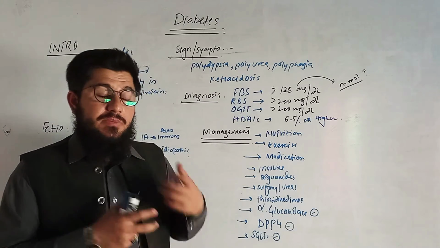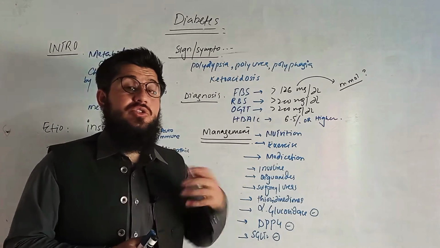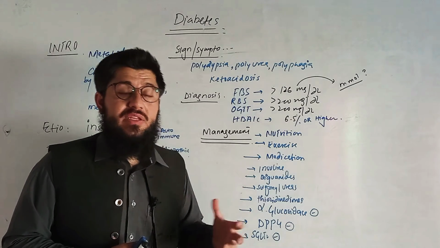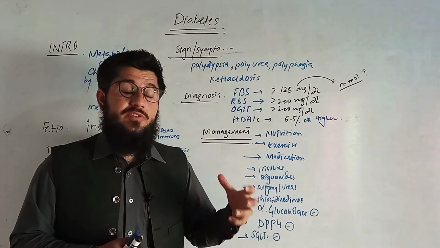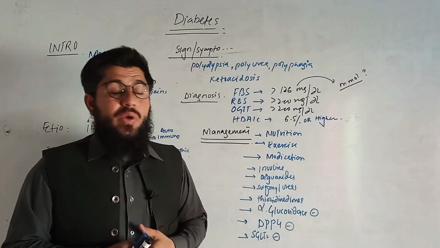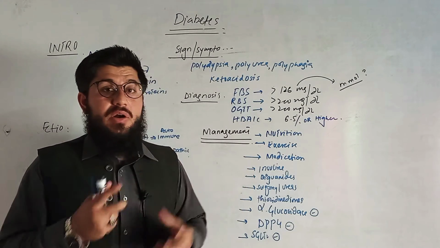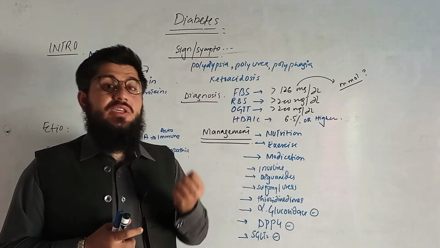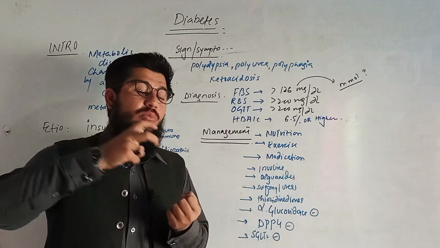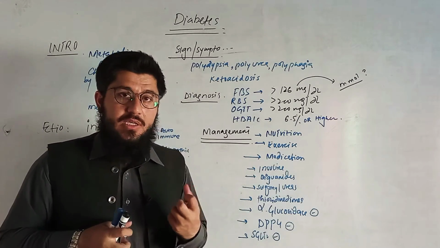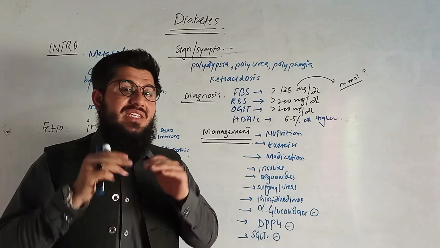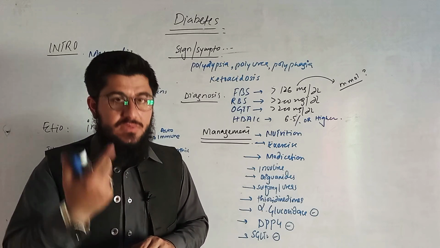What happens in some patients, the beta cells are actually destroyed. There is destruction of the beta cells observed in some patients, whereas in some patients the beta cells are okay, but the receptors in the body which are responsible to function through insulin, the insulin is no more going to function on those receptors. So you can say the receptor sensitivity is somehow decreased in some patients.